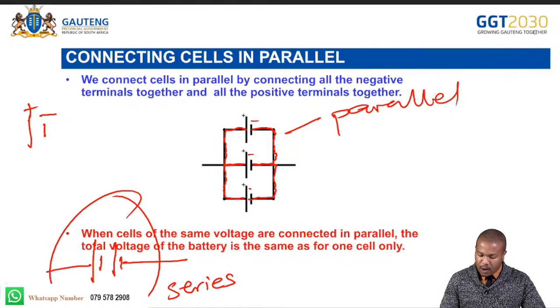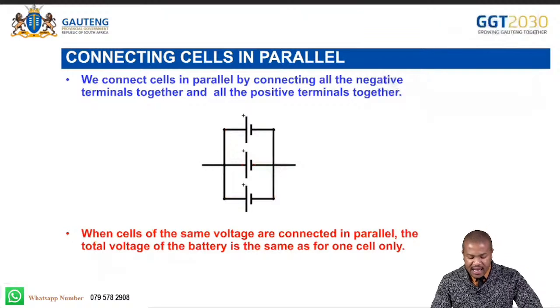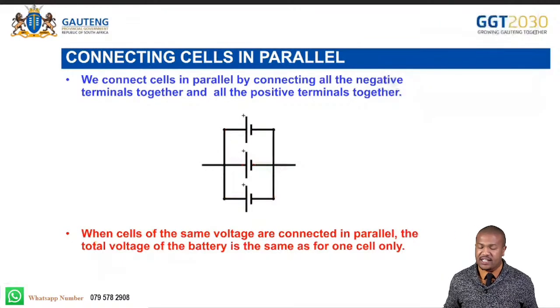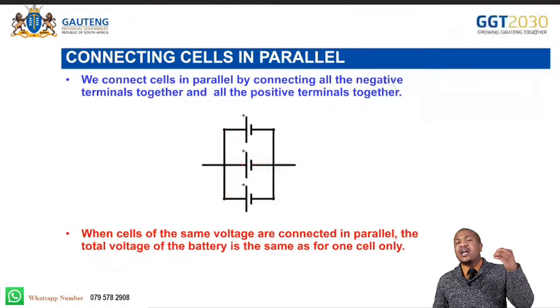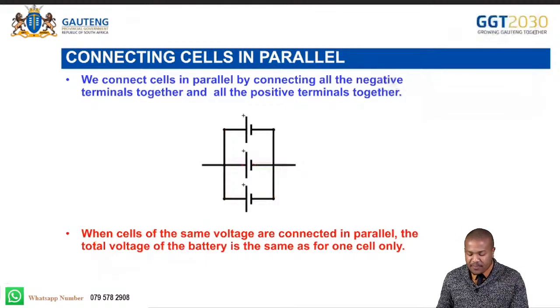So we said that when cells of the same voltage are connected in parallel, the total voltage of the battery is the same as for one cell.